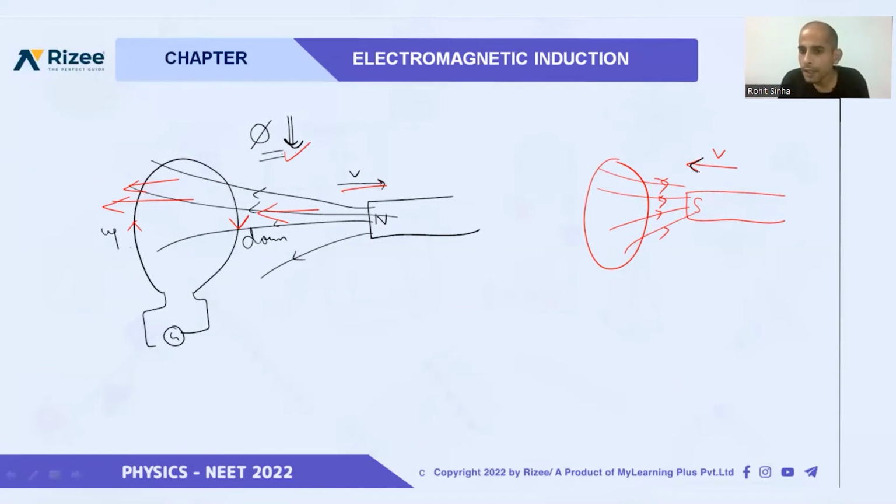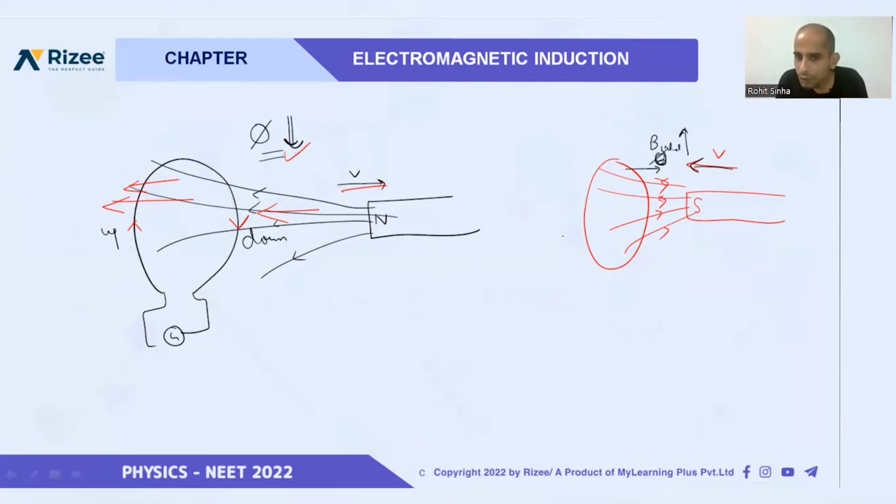What will happen? If we are bringing it toward the coil, we can see that the magnetic flux linkage with the coil is increasing, the magnetic field direction is this, and it is increasing.